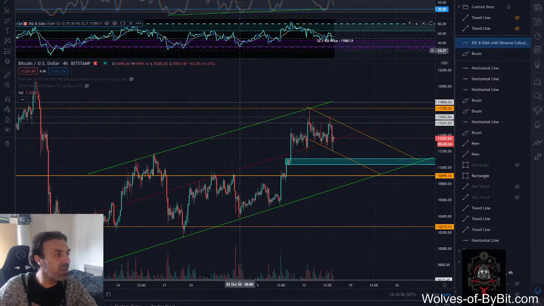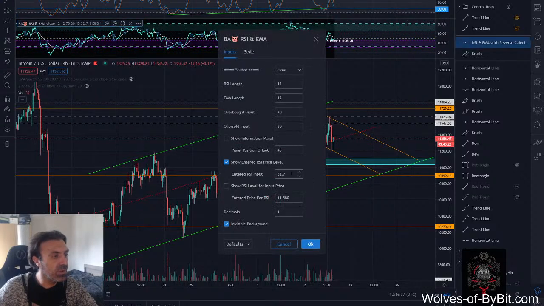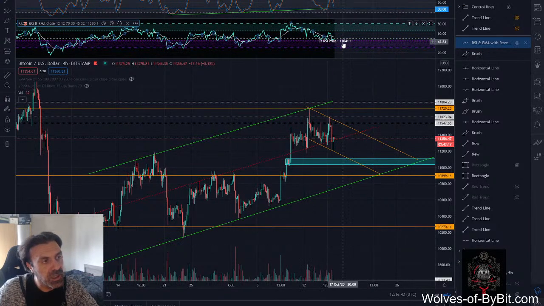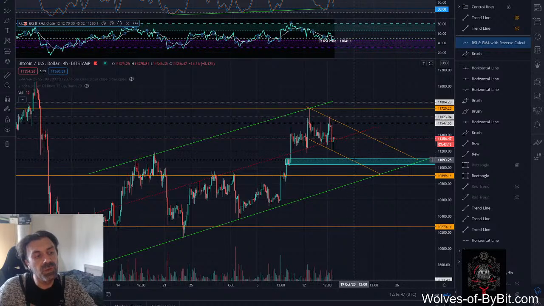Would this give us a divergence already? That is a question. It would be getting close. Let's go for 32.0, just around 32. We would have to drop to 11,041.